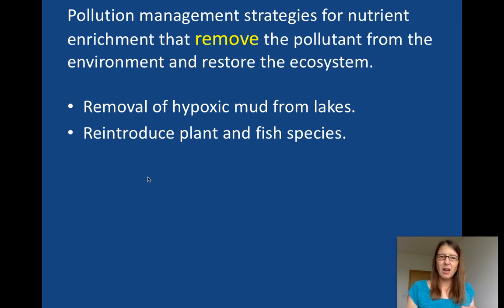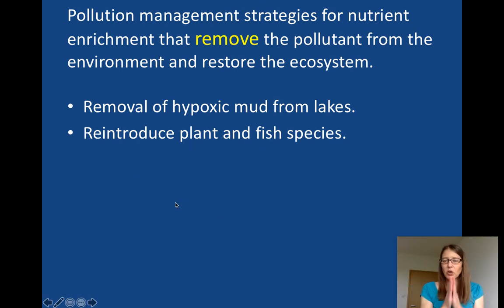If all the fish and plants have died, you could restock the pond, but if there's no oxygen, they're just going to die again. So that is another thing, you can aerate. If you pull out all the algae and aerate and remove some of that mud, then you can reintroduce those plant and fish species as well. So this is the hardest one to do, obviously.